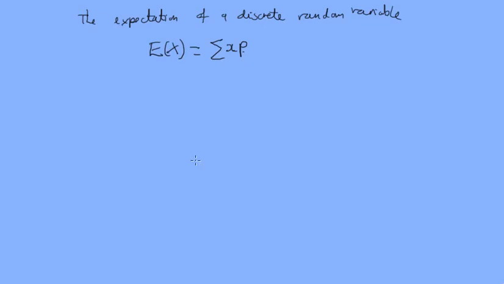Just to note, another way of writing this formula is the sum of x times the probability of x at the given value of x, just to be a bit more complete in the way that we'd write it.